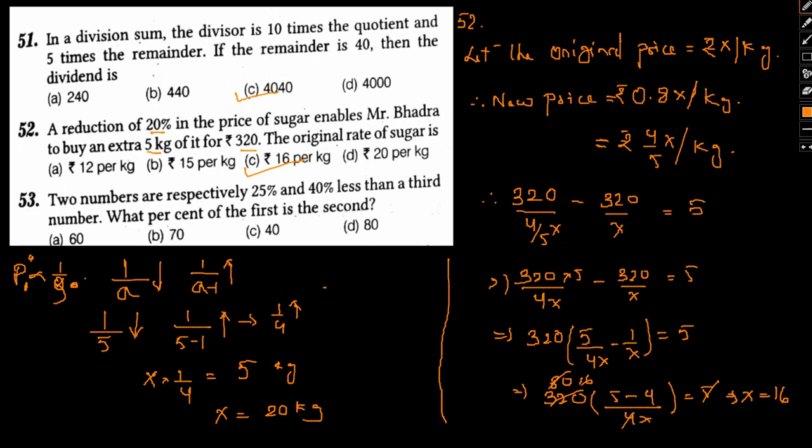So therefore 20 kg is being purchased with 320 rupees. Okay, so 1 kg will be purchased with 320 by 20, that is 16 rupees. So this way also we could have gotten the answer.